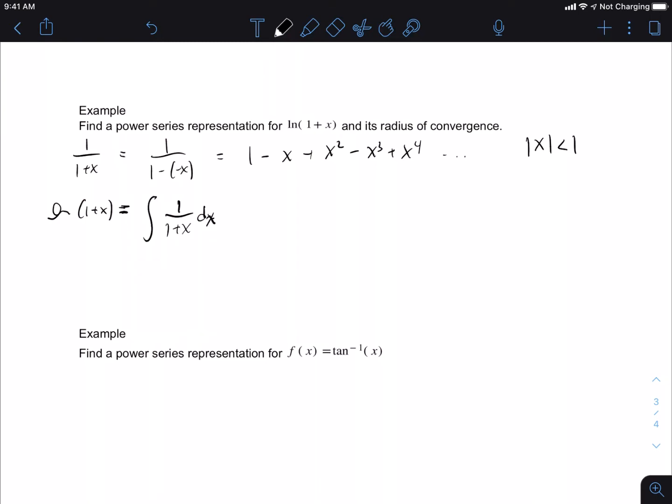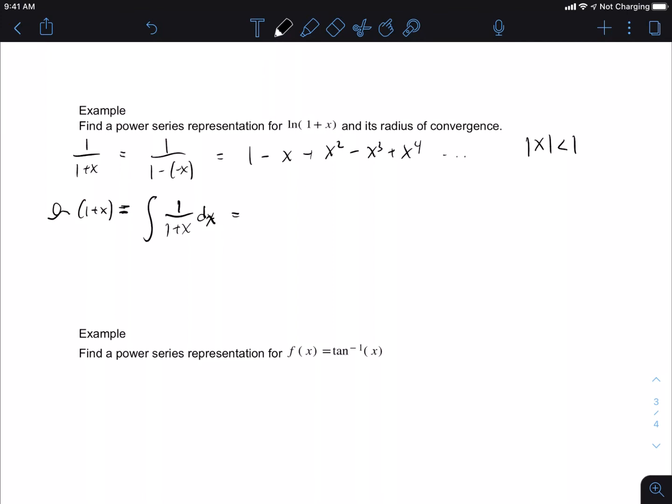The antiderivative of 1 over 1 plus x is going to give us ln of 1 plus x. And so what ends up happening there is we're generating our function. But the way I was able to manipulate it was I was able to write it as a power series in a way that I knew, so that I could find the radius of convergence.